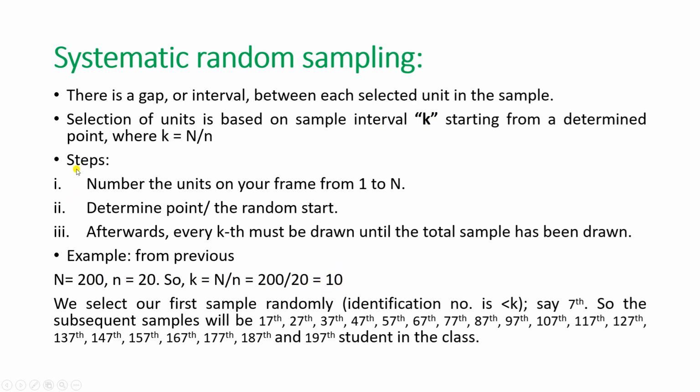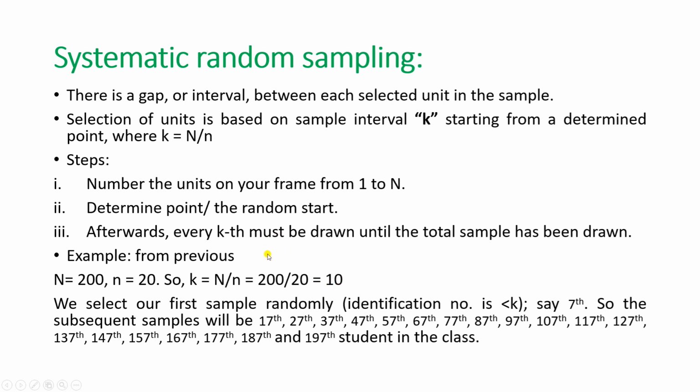Next step, that is step number 1: number the units on your frame from 1 to N. Tick. It means the first individual we have to select is completely random, but it has to be between 1 and 10.